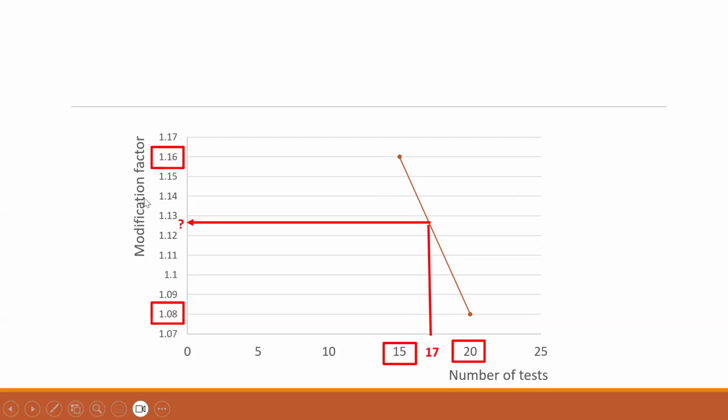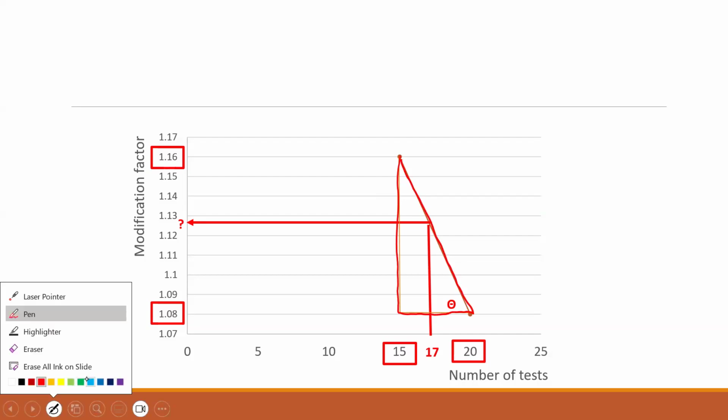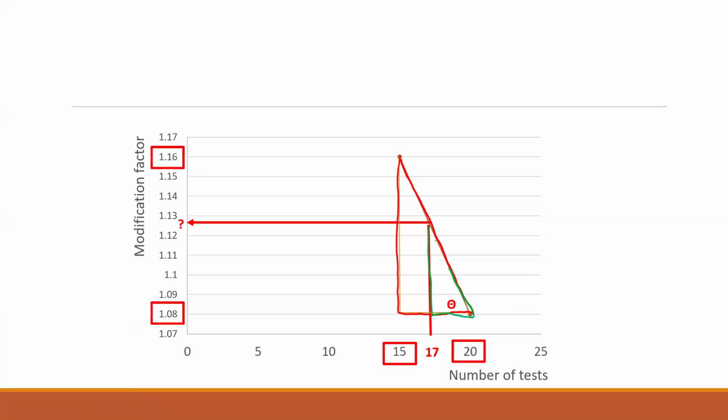So how do we do it? Yes, you consider these two. If you consider this big triangle, you can write rise over the run. Same slope, isn't it? And also you can write the rise over the run considering the small triangle here. You can equate them, isn't it?